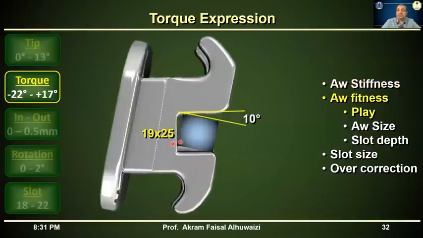The second thing, which is not the same as in tip, is the amount of play. The amount of play between the bracket slot and the wire in a 19x25 wire is about 10 degrees. In a 16x22 wire it is about 20 degrees. This is huge. It's not like in tip.